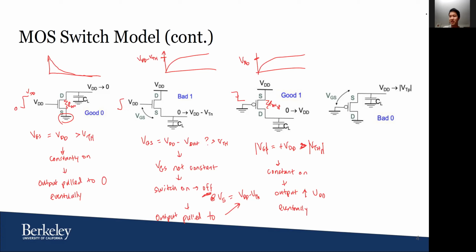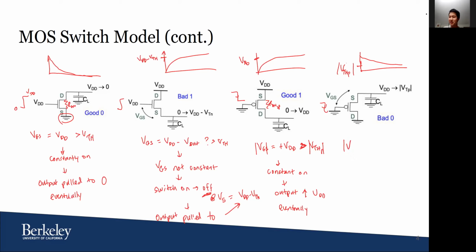And then similarly, for a PMOS trying to pull to 0, this is again coming down, and the voltage characteristic would look like this, where this value is going to be the absolute value of V threshold P. Why is that?